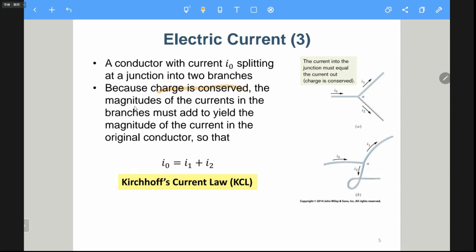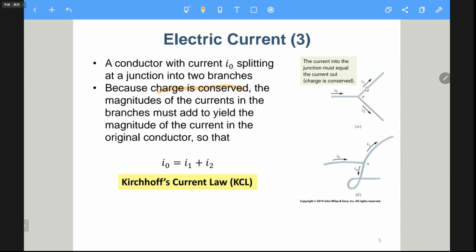The magnitudes of the currents in the branches must add to yield the magnitude of the current in the original conductor, which means, you can see it here. There are three branches connecting to the point A here. Actually I0 is going into this node and I1, I2 are going out from this node.